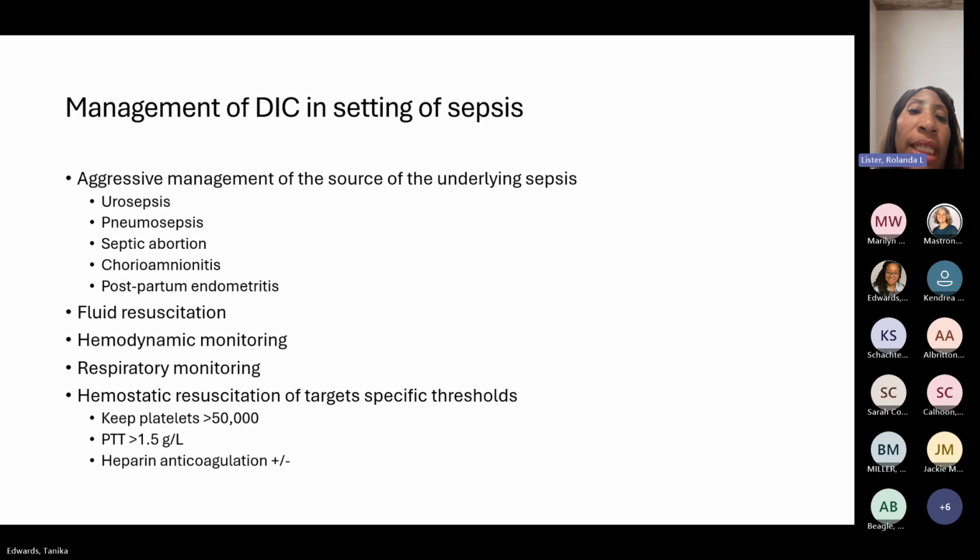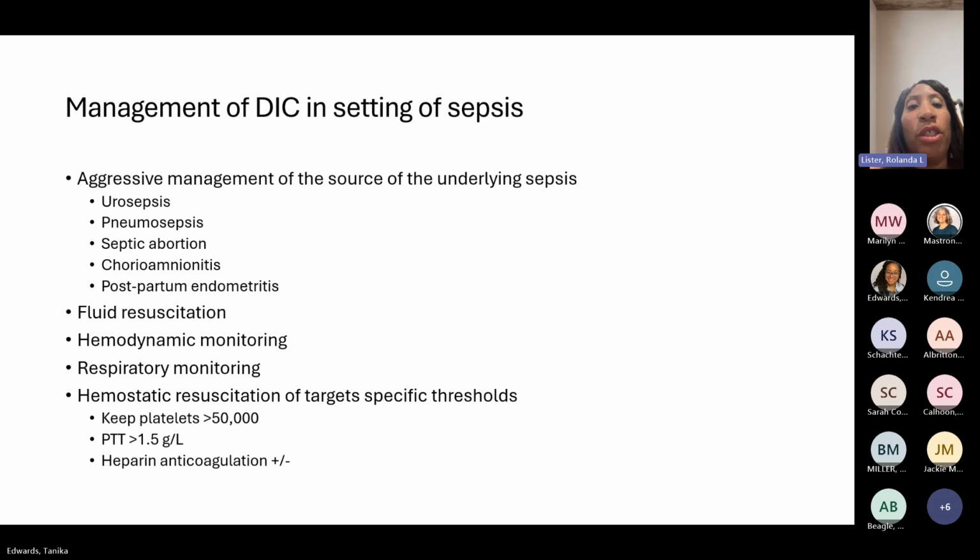Heparin anticoagulation and antithrombin III treatment is debatable, but in general, patients who are in DIC are at higher risk of VTE. So that is something that we often will administer as well, heparin anticoagulation.